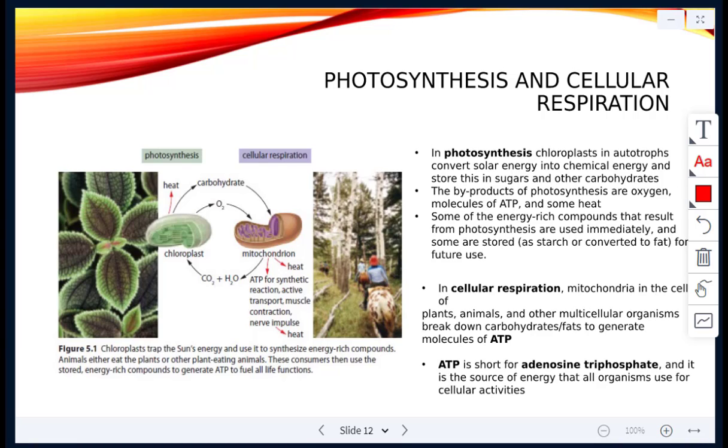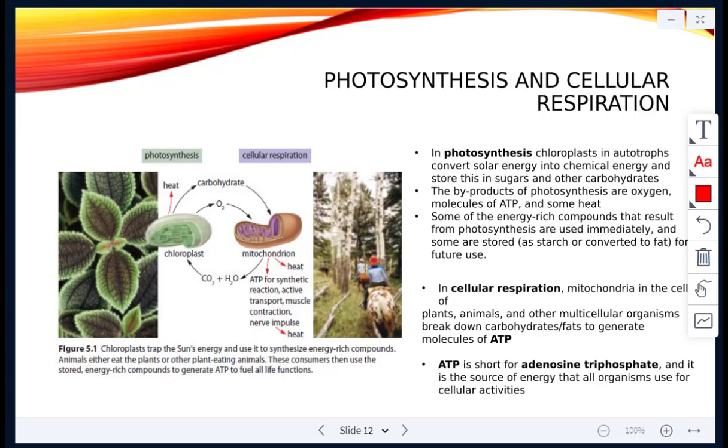The byproducts of photosynthesis are oxygen, molecules of ATP, and some heat. Some of the energy-rich compounds that result from photosynthesis are used up immediately, and some get stored as starch or converted to fat for future use. In cellular respiration, this is occurring in the mitochondria in the cell, and it occurs in plants, animals, and other multicellular organisms.